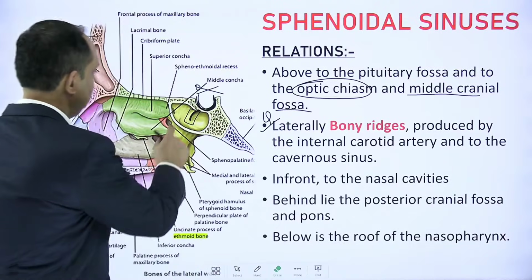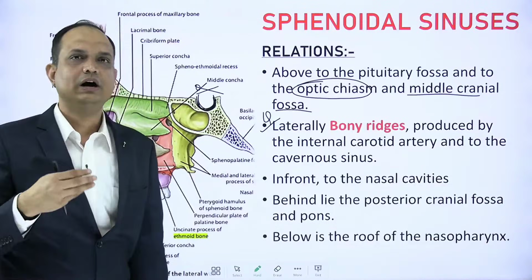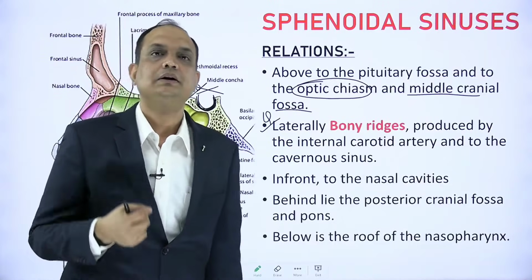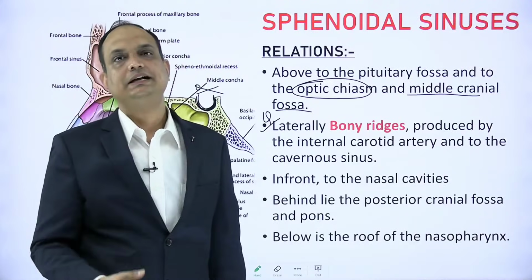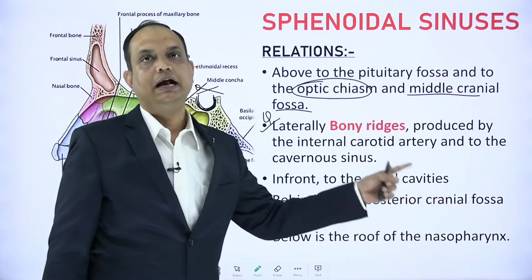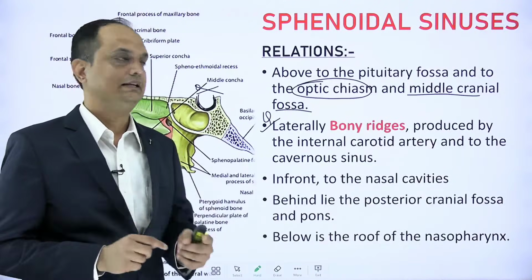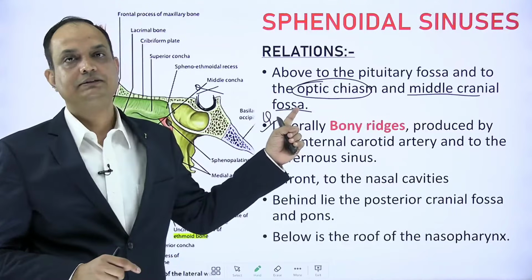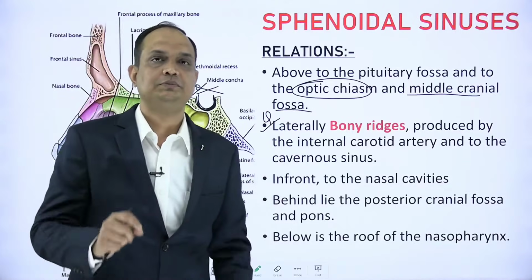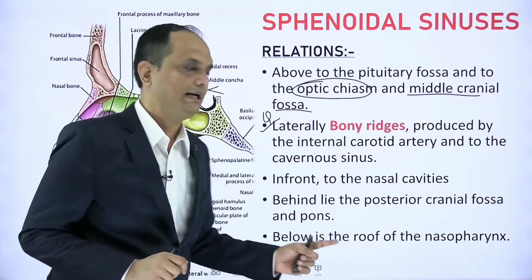So the question is which underlying structure produces the projection, or the bony ridge, inside the sphenoidal air sinus? The answer is the internal carotid artery, and it is also related to the cavernous sinus and the structures present in the cavernous sinus. So the superior relation is important, that is the pituitary gland. The lateral relation is important, where you have the bony ridge produced by the underlying internal carotid artery, and it is also related to the cavernous sinus.